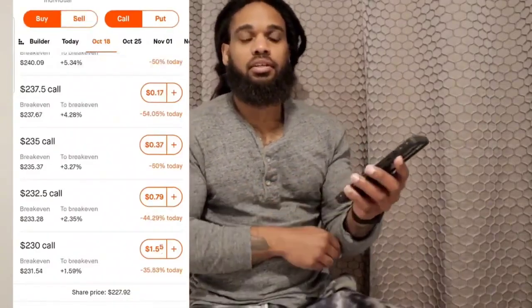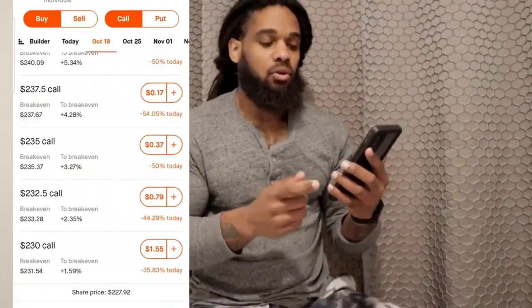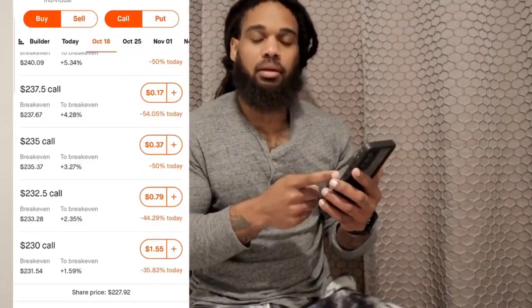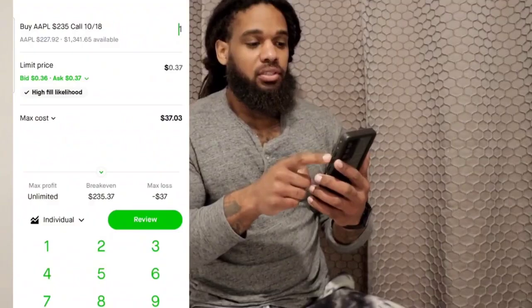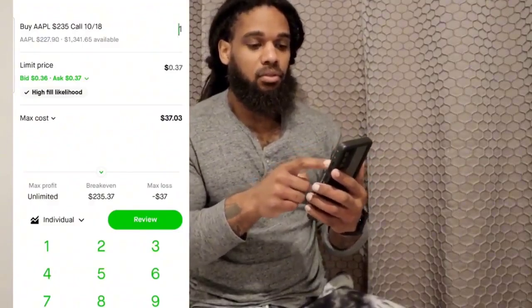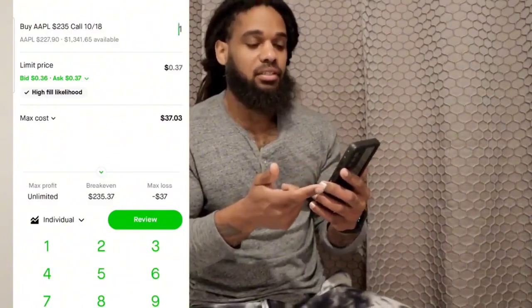Once you click on the specific strike price that you want to go into, for example this 235 call strike price, let's click the button. You're going to see the price here. You're going to see 0.37 for this particular example.